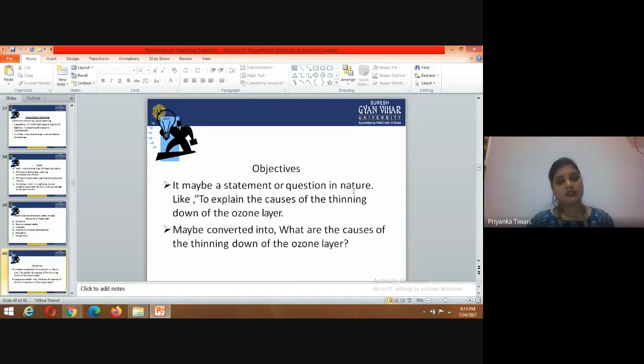So objectives may be a statement or a question in nature, like "to explain the causes of the thinning down of the ozone layer," may be converted into "what are the causes of the thinning down of the ozone layer."